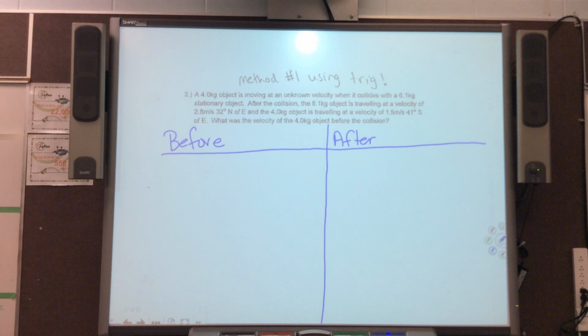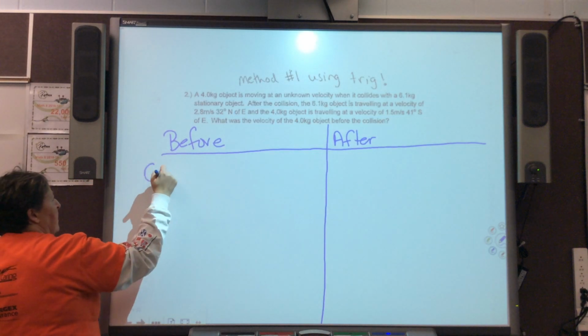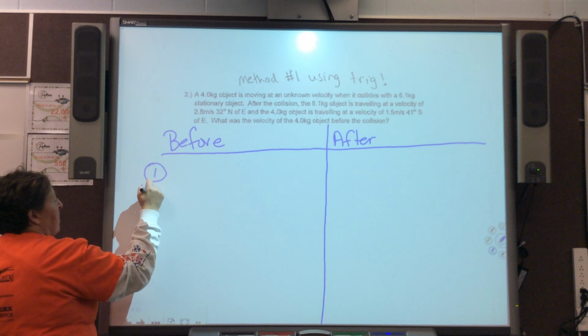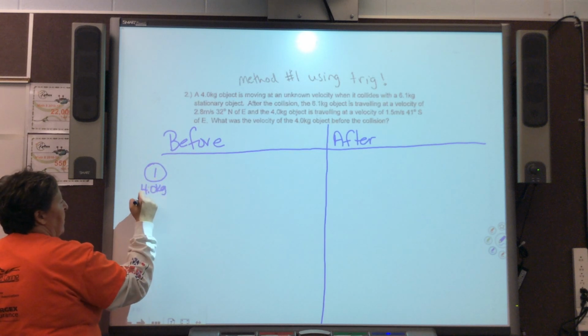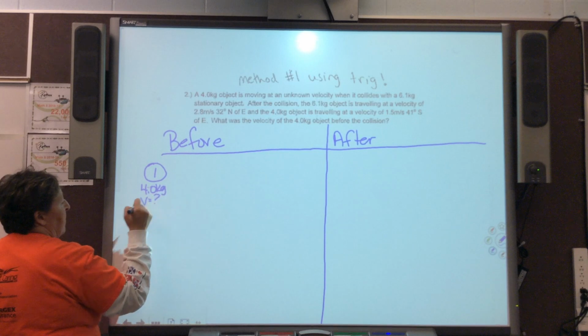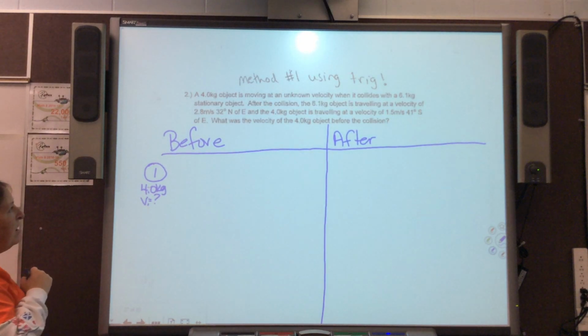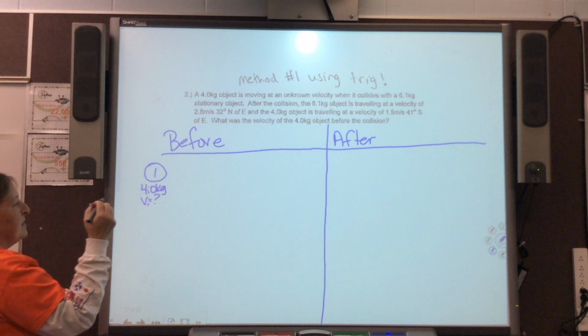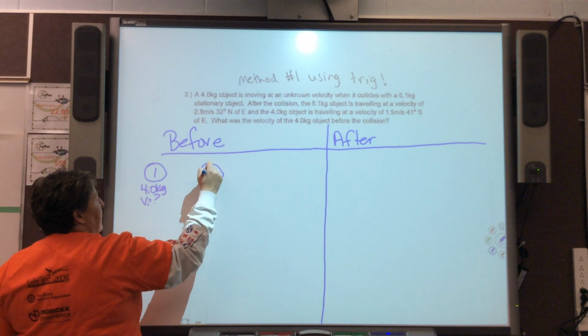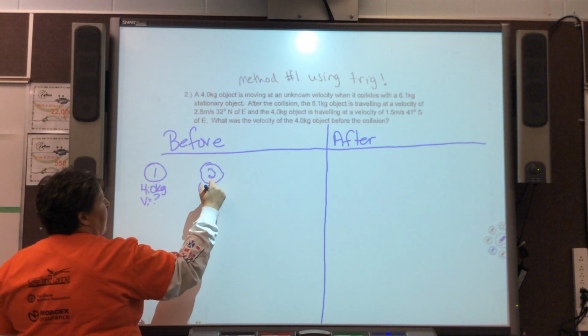A 4 kilogram object traveling at an unknown velocity. Okay, so we're going to call that V1 arbitrarily. Okay, and what else am I going to put in there? It collides with a 6.1 kilogram stationary object. Ooh, I like it.